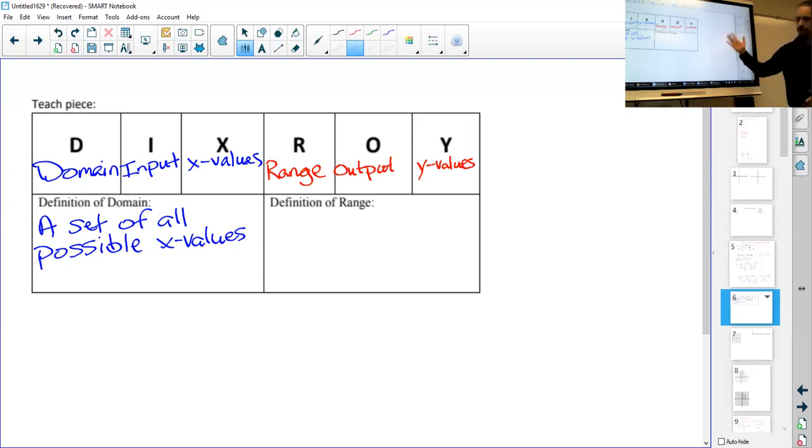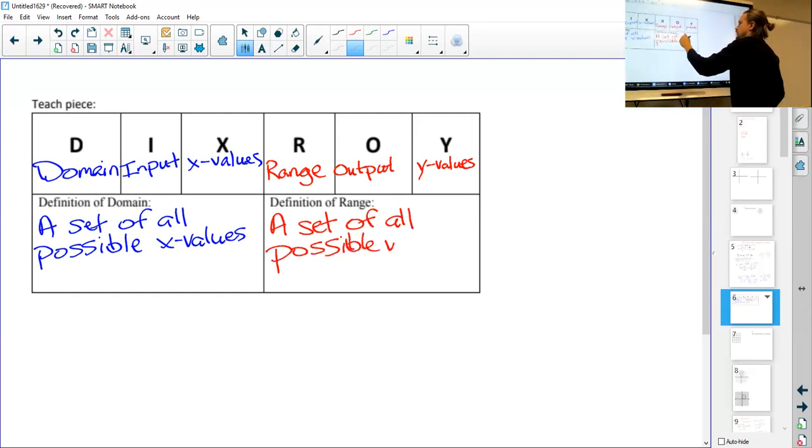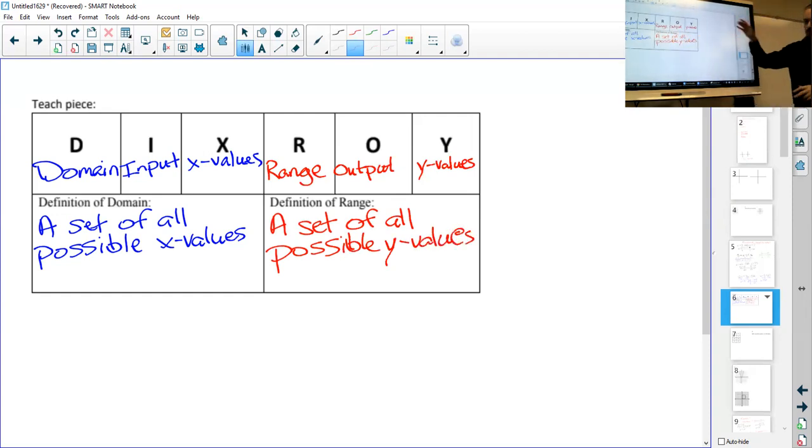And then the definition of range, as you probably guessed, is just a set of all possible Y values. Okay, so there's some notes, you copy that down. Hopefully it'll help you out.